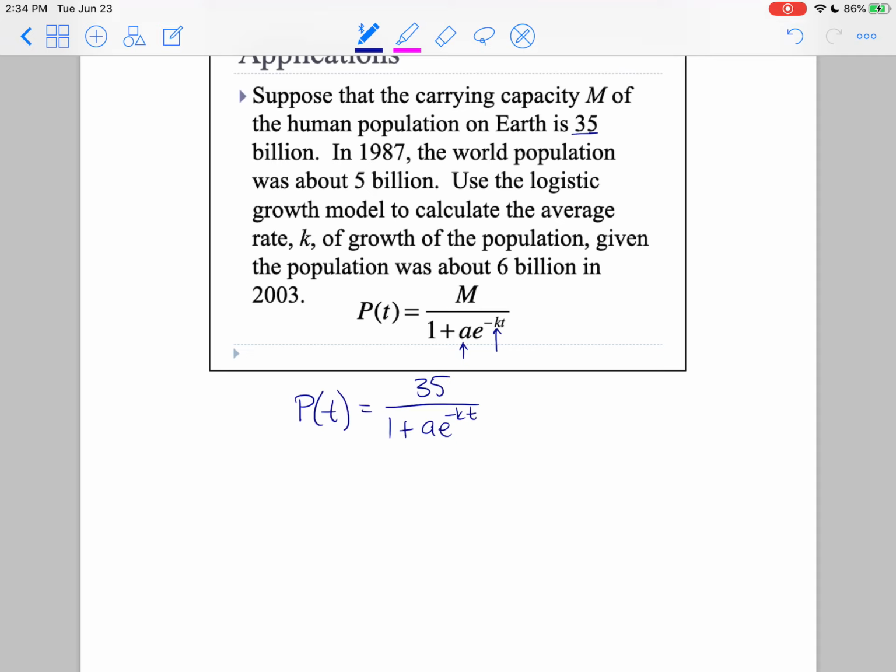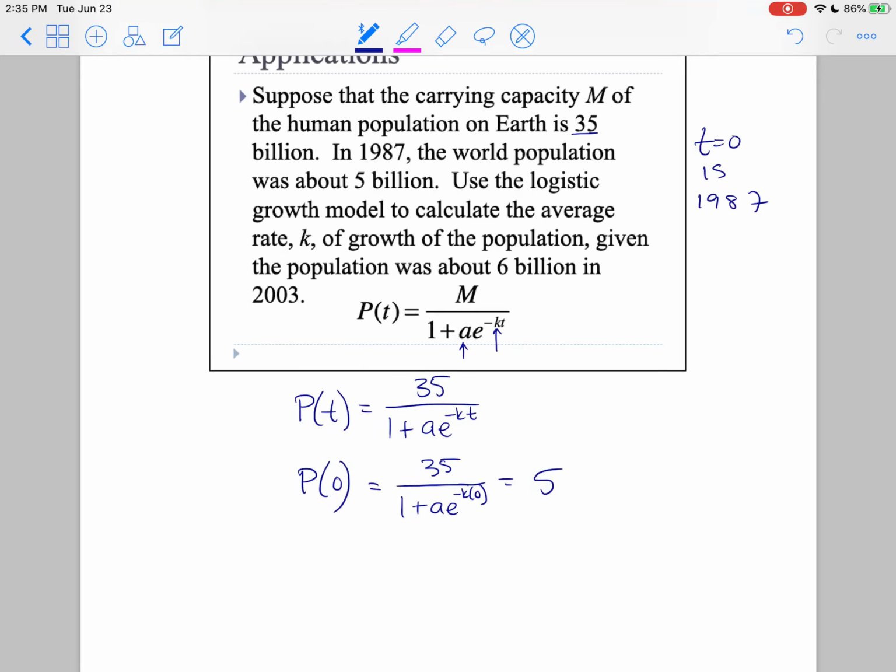Now we know that originally, meaning when t equals 0, so we're going to say t equals 0 is the year 1987. So that means in the year 1987, when t is 0, we had a population of 5 billion.